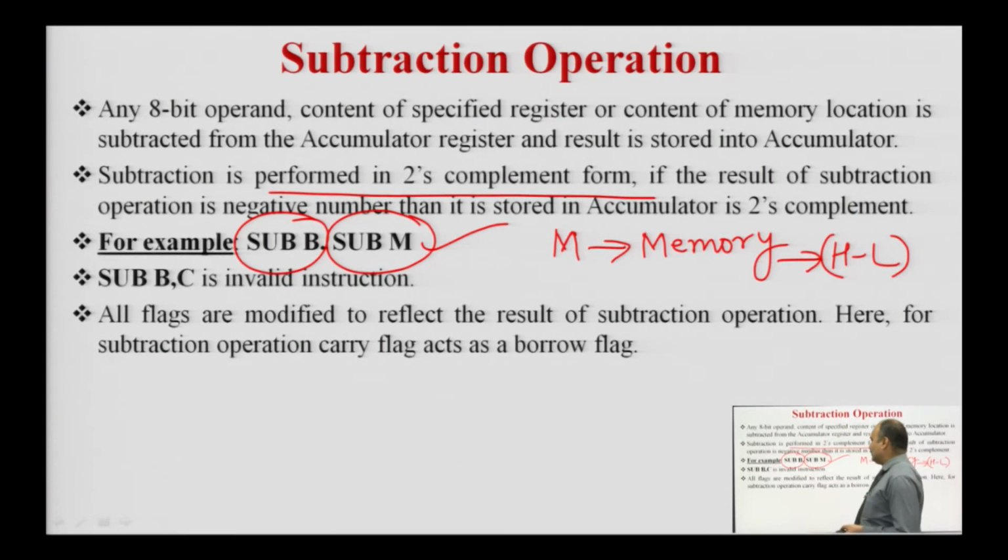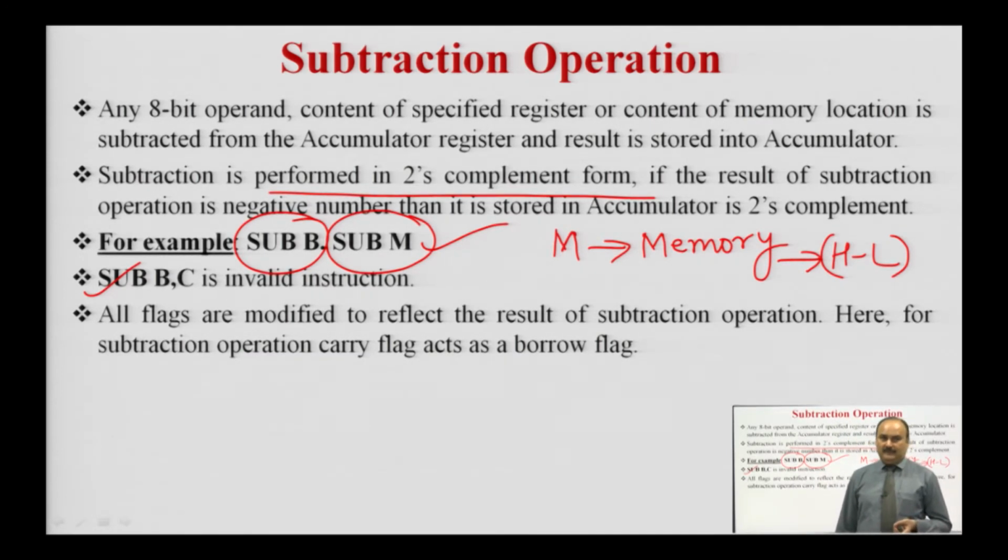As an example, we cannot use the SUB B, C instruction, meaning we can never subtract the content of C register from B register, because during the arithmetic addition and subtraction operation, as already explained, one of the operands is always in the accumulator register.